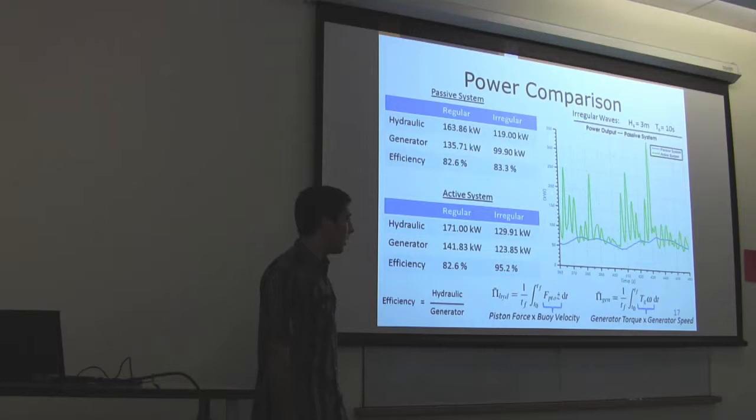But this is indicating, if all the parts are the same, all the efficiencies of the individual components are the same, this higher value is indicating that more reactive power is being used. And these are the power equations, or average power equations. So the mechanical force is that force in the piston and the velocity of the buoy, whereas the generator is the torque on the generator and the rotational velocity.